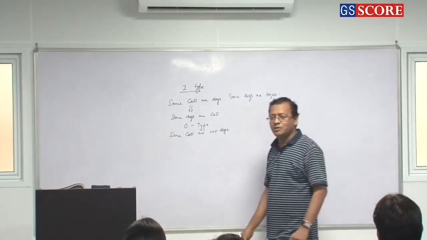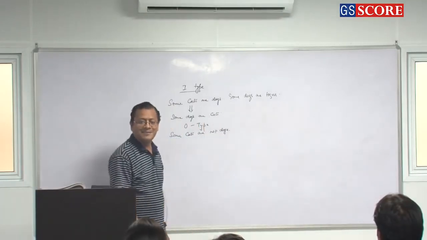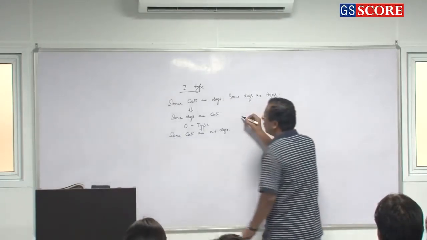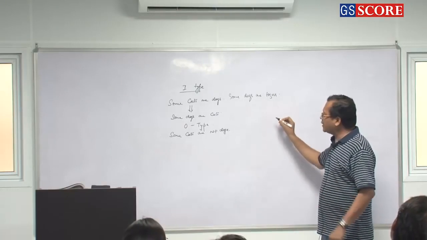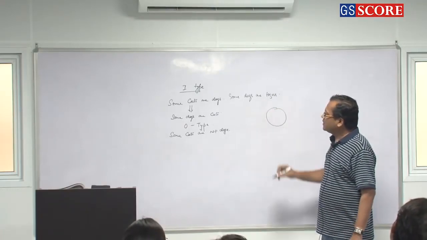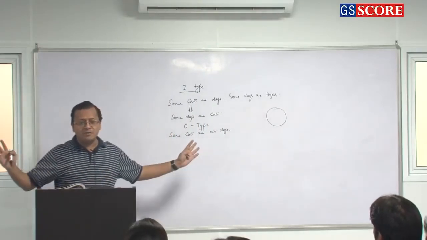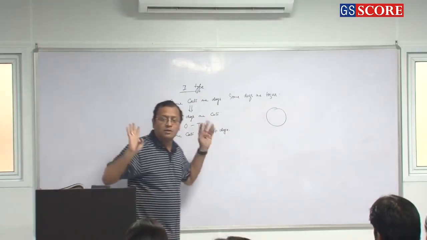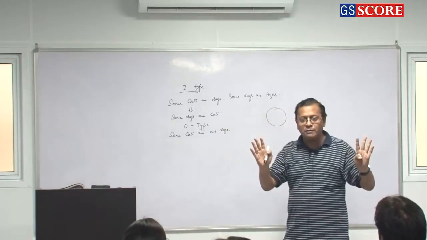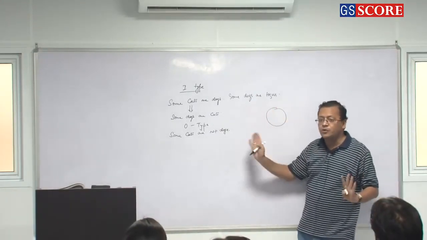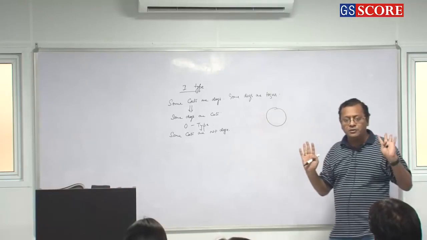Yes or no? No. Whenever you draw a Venn diagram, if you see all the books, they give you n number of rules and that confuses the students so much. But if you keep an open mind, you don't need to remember these rules. Just these four rules you require, you can do any question.